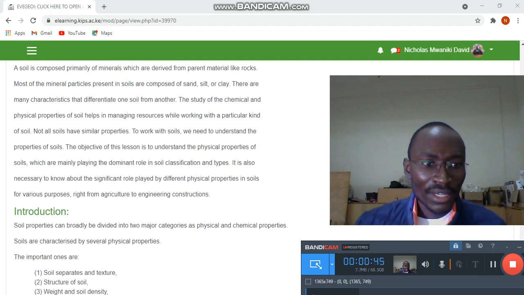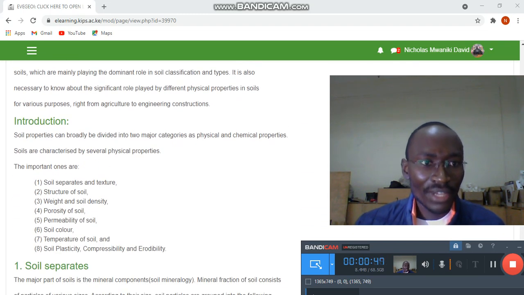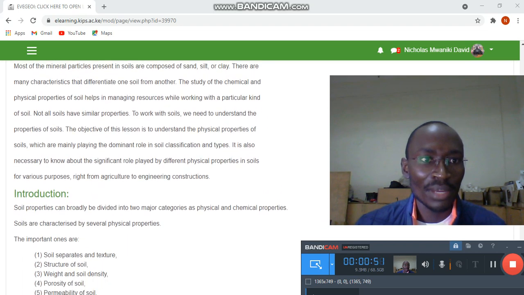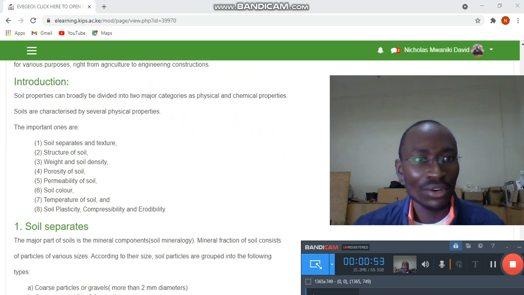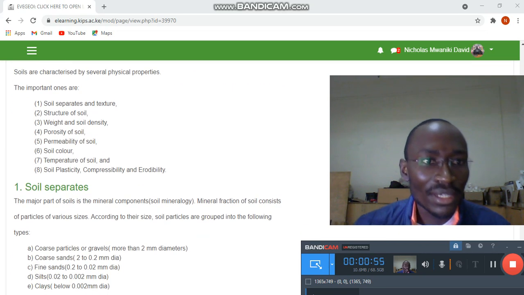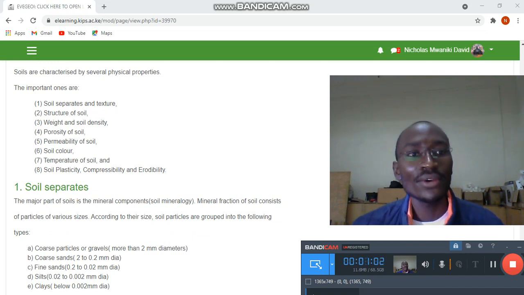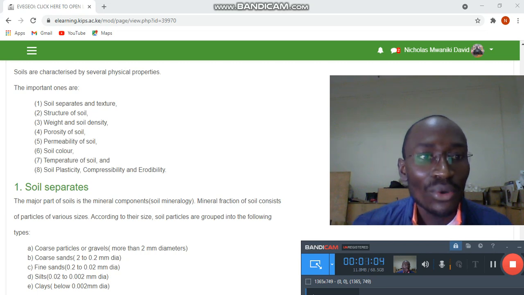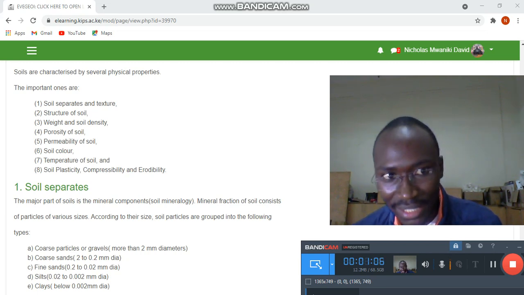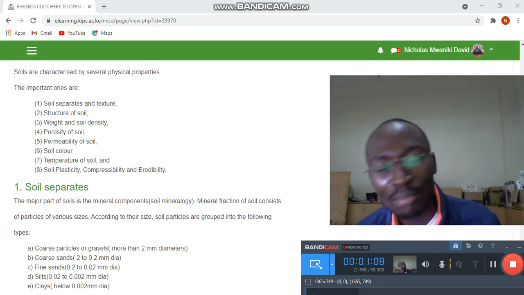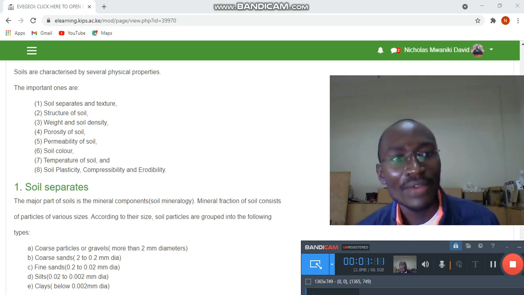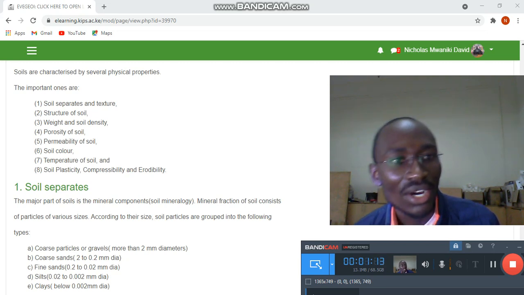Under the physical properties of soils, we have major classes. We are going to go straight to the classes. The first one is the soil separates and the texture. The second one is the structure of the soil. The other one is weight and soil density. Then the third one is porosity of soil. We have permeability of soil.